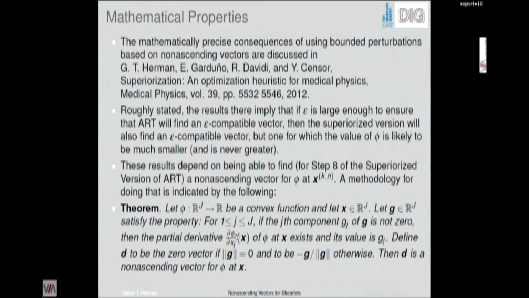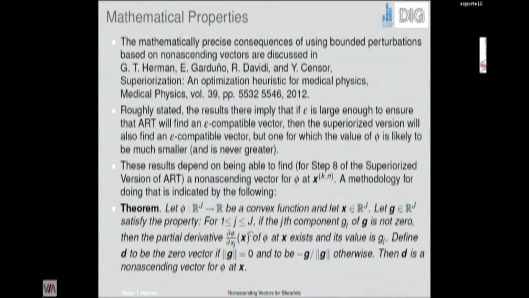The rest of the theorem is only for those components which are not zero. If the jth component is not zero, then the partial derivative of phi at x for xj exists, and its value is the jth component of g.